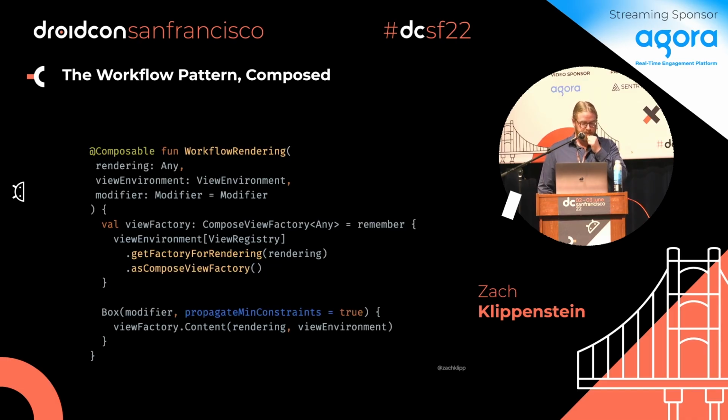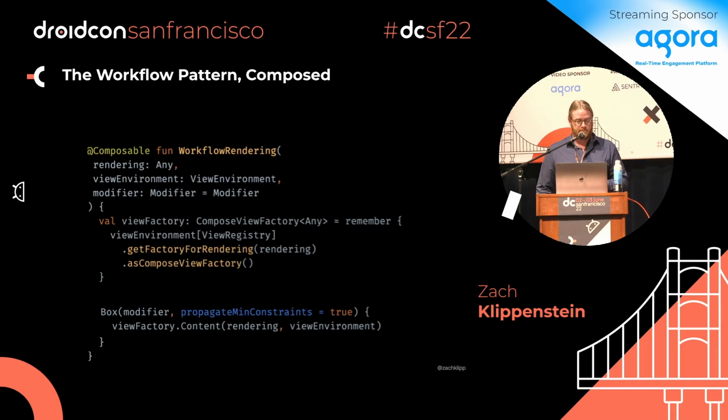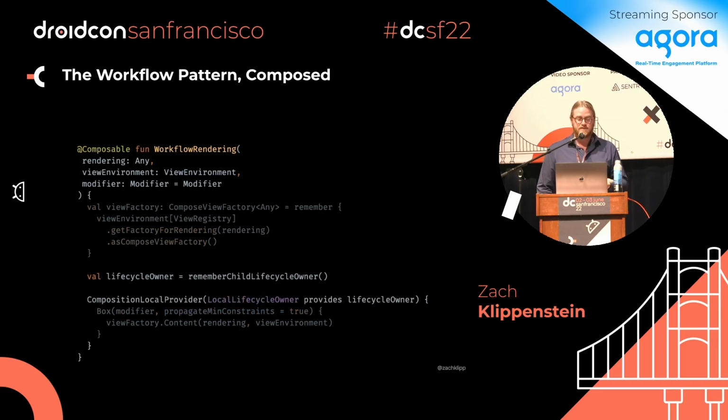So workflow needs to somehow expose a lifecycle so that anything inside the children of the view factory can see when the parent decides to stop showing it. That's pretty easy to do thanks to composition locals. We can simply create our own implementation of lifecycle owner and pass it down as the local lifecycle owner.